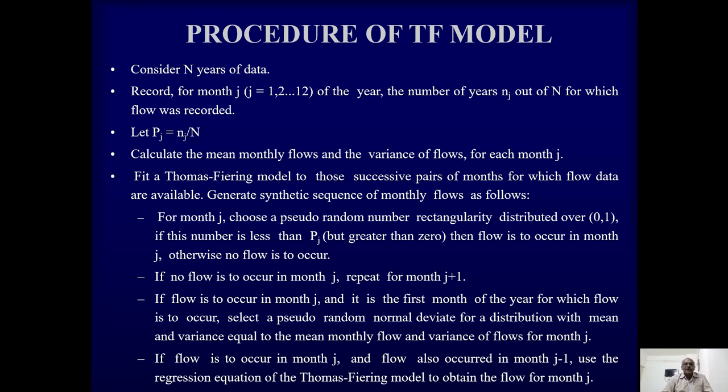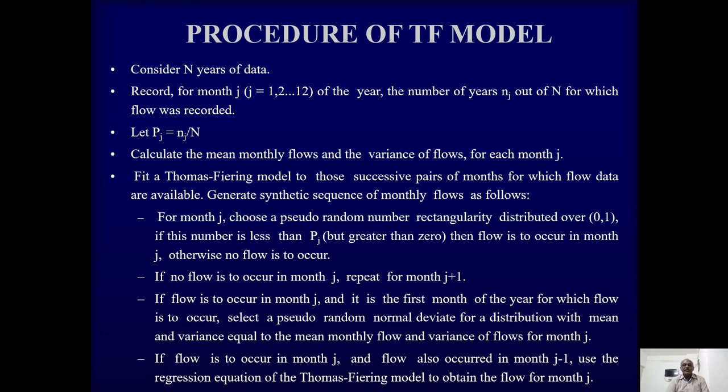For the month j, choose the pseudo random number rectangularly distributed between 0 and 1. If the number is less than Tj but greater than 0, then the flow will occur. Otherwise, the flow will not occur. If no flow occurs in the month j, repeat the procedure for j plus 1.